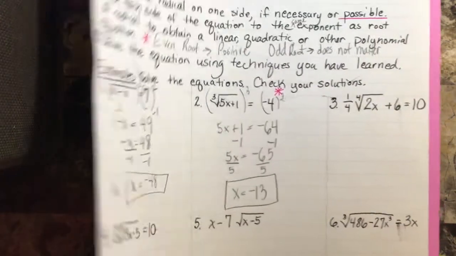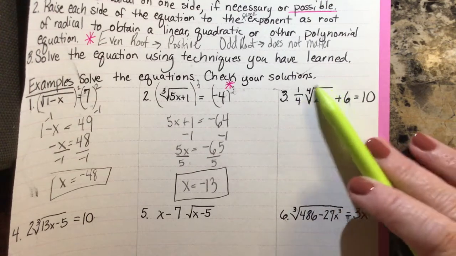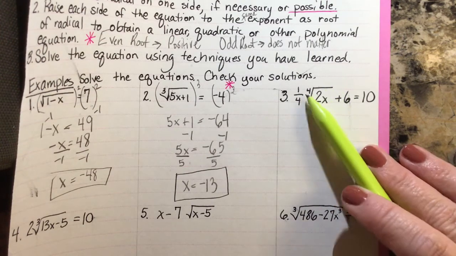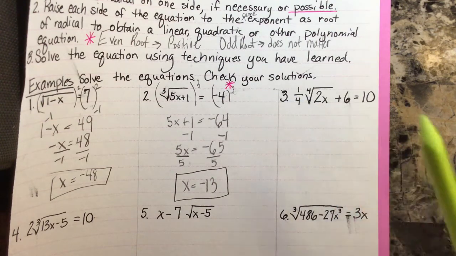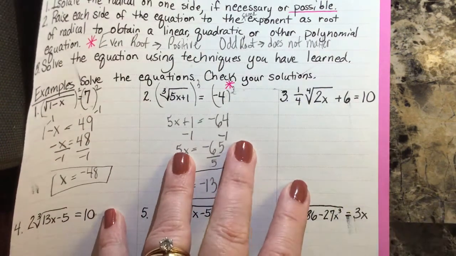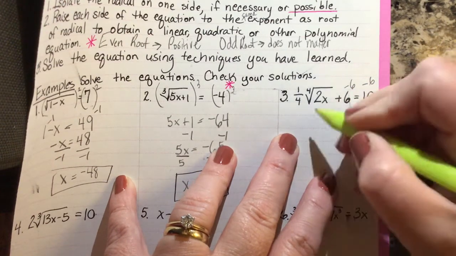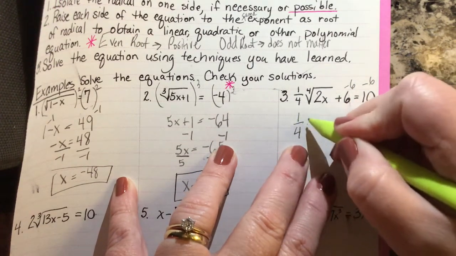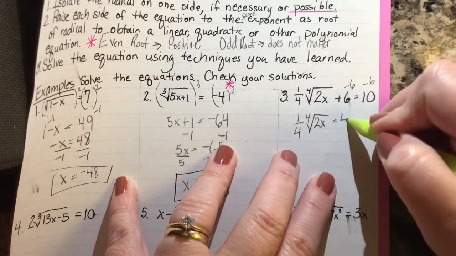Now number 3 looks strange. My radical is not alone. I've got multiplication of 1/4 with it, and I've got adding 6. So just like when solving an equation, you work backwards. Get rid of this 6 first. 10 minus 6 is 4.